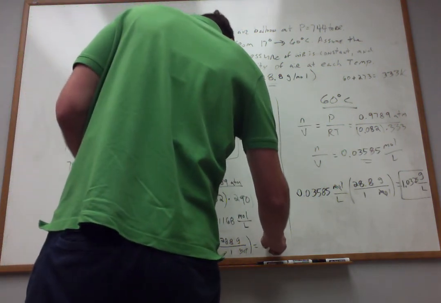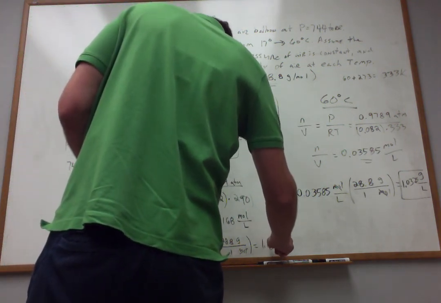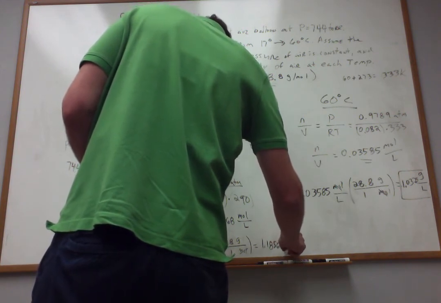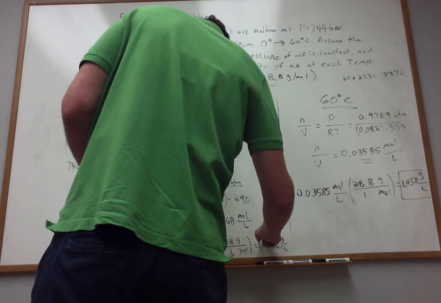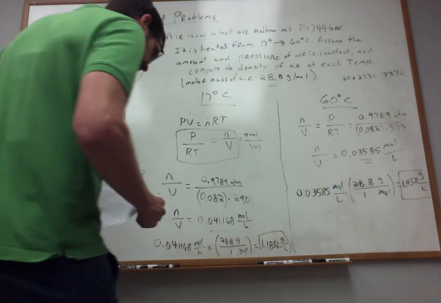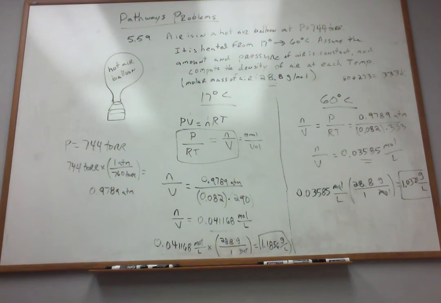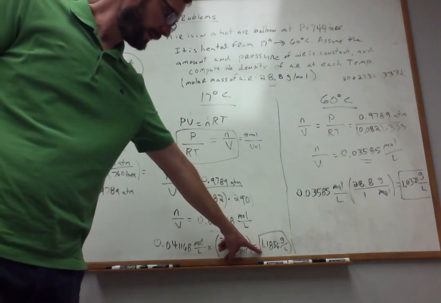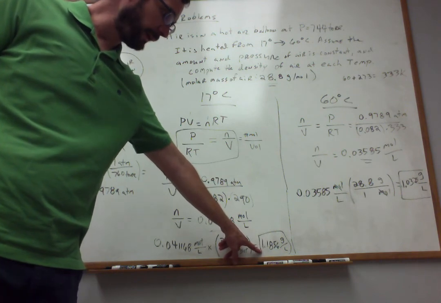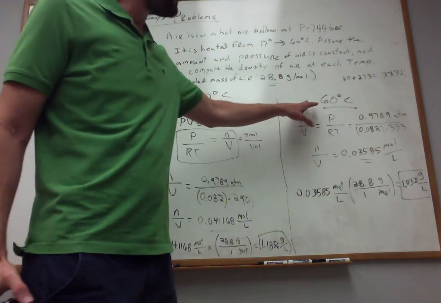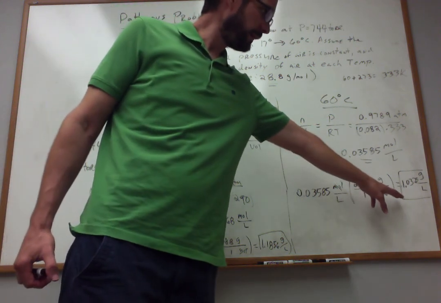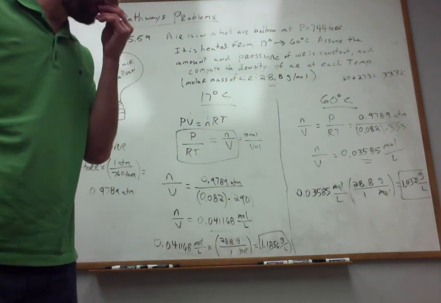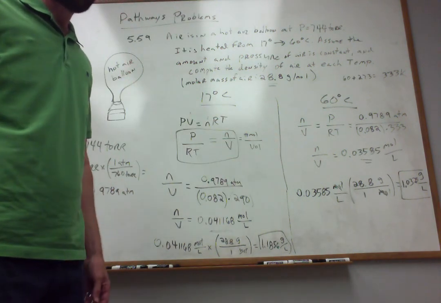And in this case, I get 1.1856 grams per liter. So two different temperatures, two different densities. At 17 degrees, the air has a density of 1.18 grams per liter. At the higher temperature, the density of air is much less. For every liter of air, the density is about 0.15 grams less.